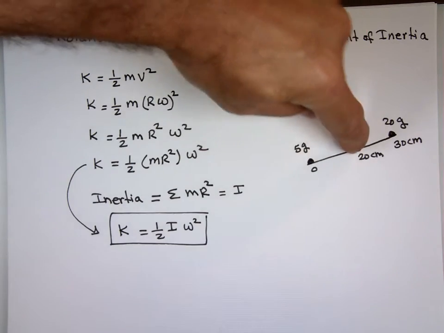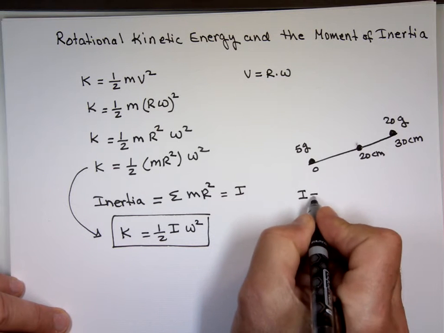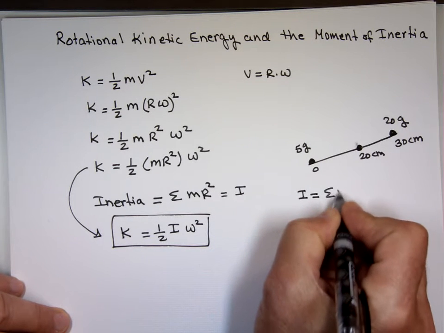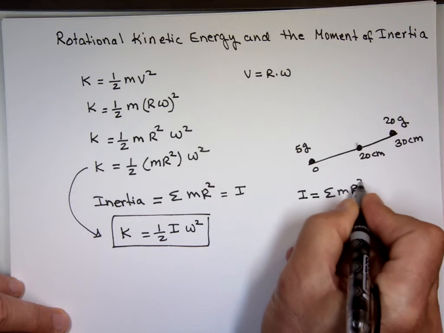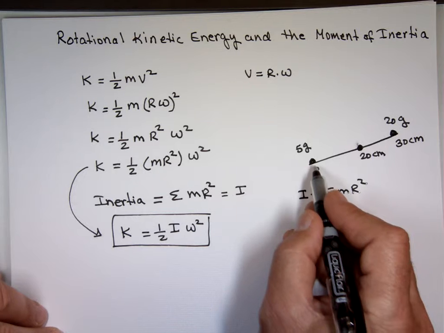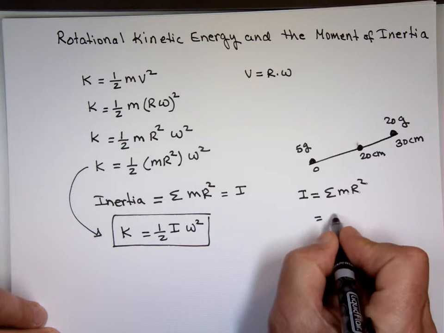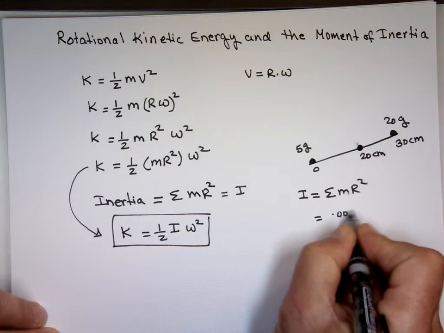Then this will have an inertia, I, equal to the summation of all these masses times r squared. So the inertia for that will be the mass of this. What's the mass of this? That's 5 grams, or 0.005.